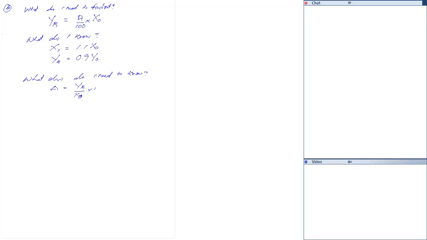Yes. So that is equal to 0.9 YO upon 1.1 XO times 100. Okay, fine. So this is what I would want to know. So let's take a look at the first statement. What does the first statement say to you here?